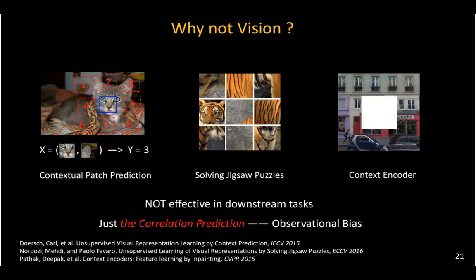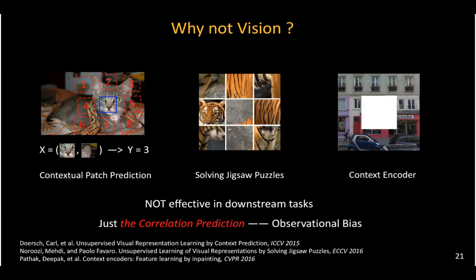The main reason is that in traditional research about context prediction, they either do context patch prediction like this, or jigsaw puzzles, or a context encoder.